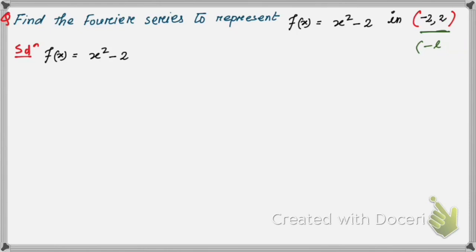In the last problem we had the interval 0 to 3, so we compared it with 0 to 2l, so 3 was equal to twice l. But this time we have to compare with minus l to plus l, so l will be equal to 2.